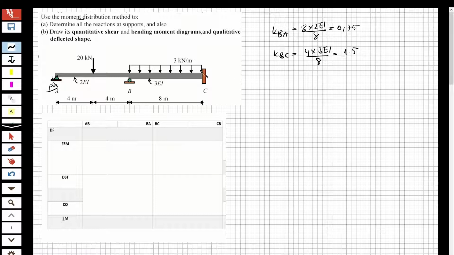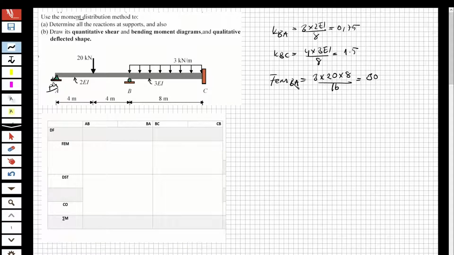So let's determine the fixed end moments. For fixed end moment BA, it's going to be 3 multiplied by P, what is P? 20, multiplied with L over 16, and this is going to be equal to 30.